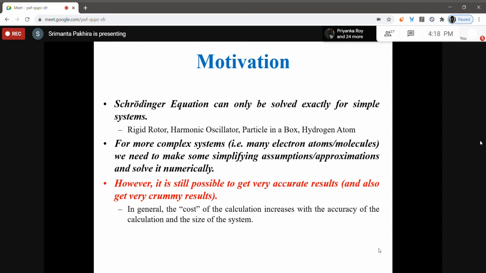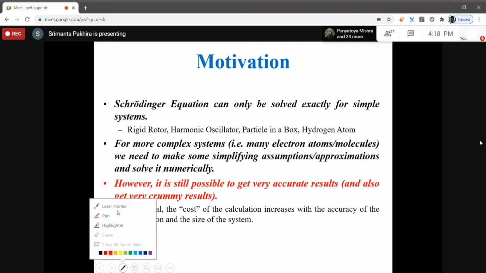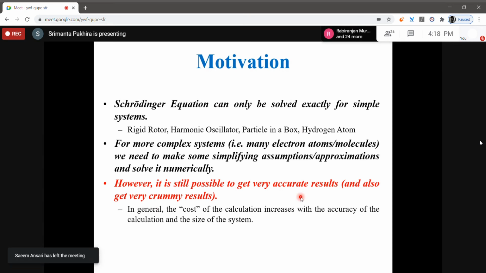But if you think about it a little, it is very complicated when we have more than one electron, or many electron cases, many atom cases, many molecule cases. When the system is a little bit complex, what happens? We need to make some simplifying assumptions, of course approximations, and solve the Schrodinger equation numerically.